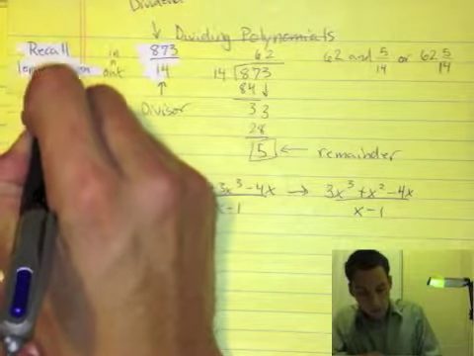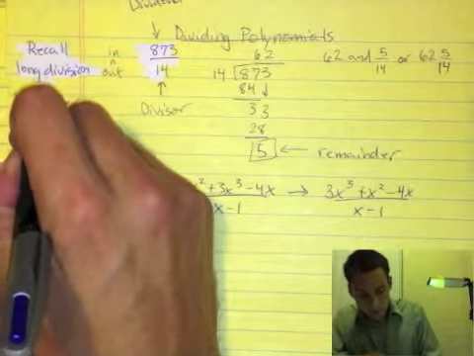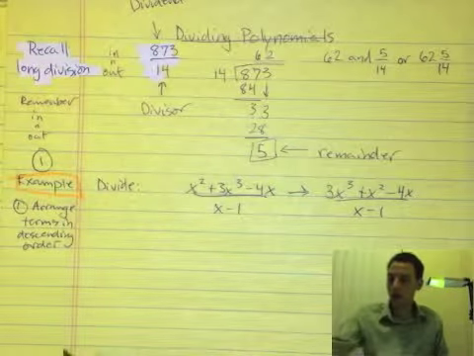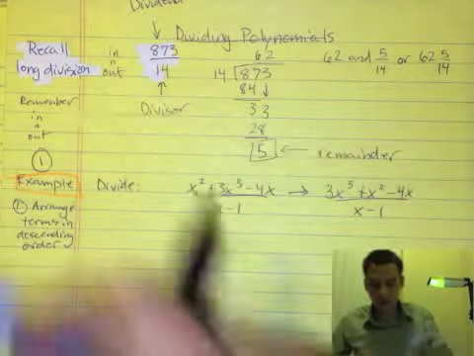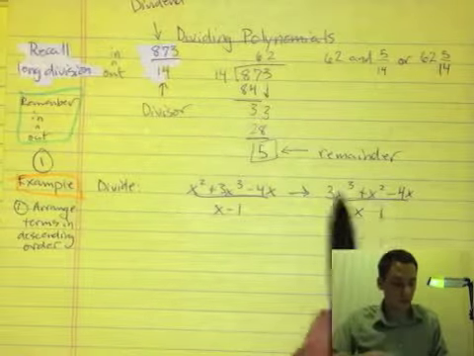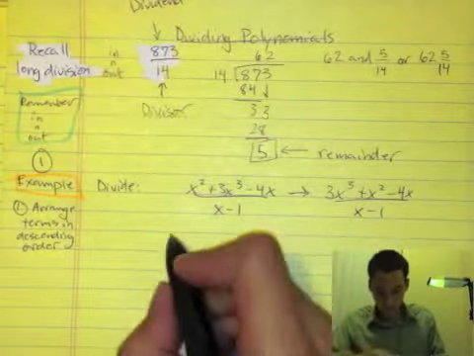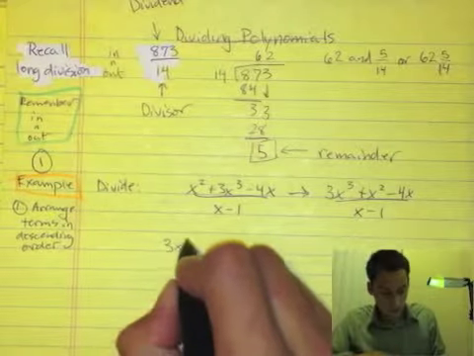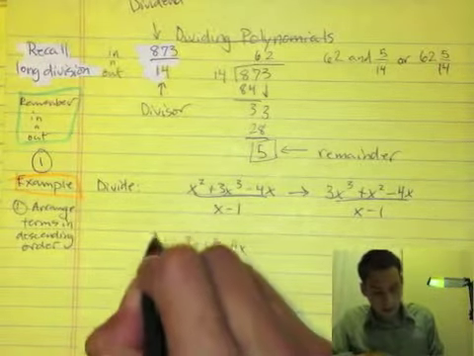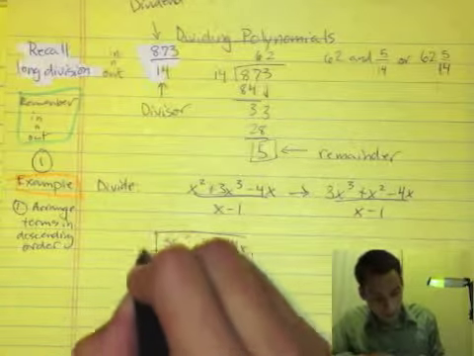Remember in and out. I'm going to put that in blue. So here, this goes on the inside, this goes on the outside. So we'll have 3x cubed plus x squared minus 4x on the inside.